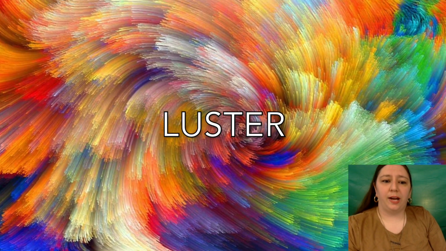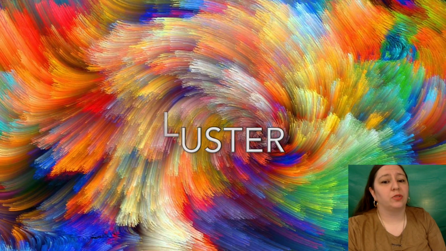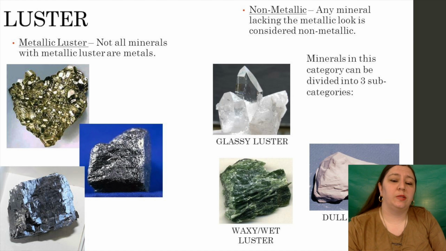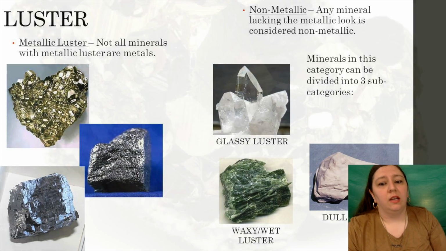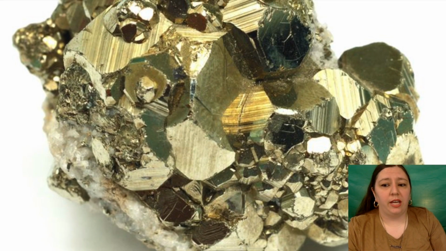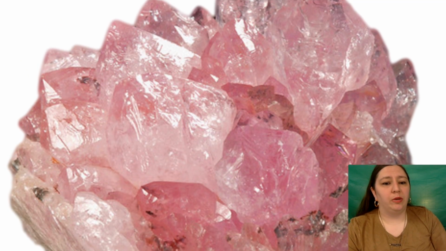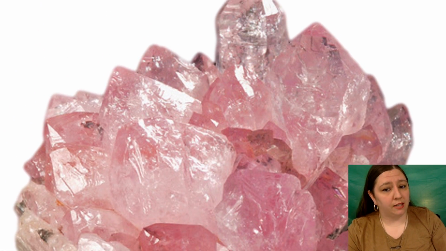Luster. Luster describes the reflection of light off a mineral's surface. Mineralogists have special terms used to describe luster. One simple way to classify luster is based upon whether the mineral is metallic or non-metallic. Minerals that are opaque and shiny, such as pyrite, have a metallic luster. Minerals such as quartz have a non-metallic luster.